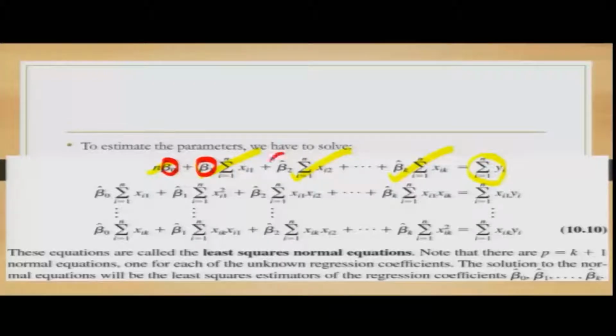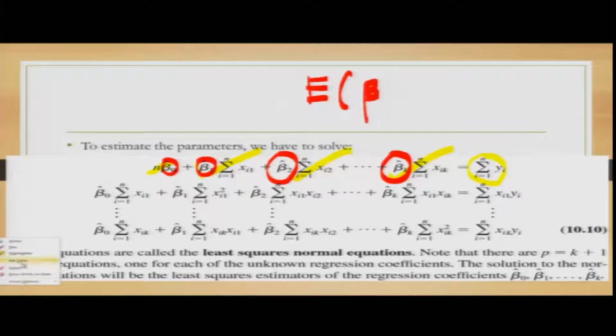Similarly, you have beta 2 hat, and similarly for the last one it will be beta k hat. So, the expected value, what I mean is the expected value of beta, no, let me, it is quite difficult to use it. I will use not a highlighter, but a pen.